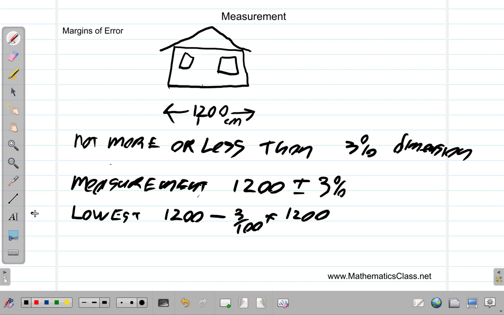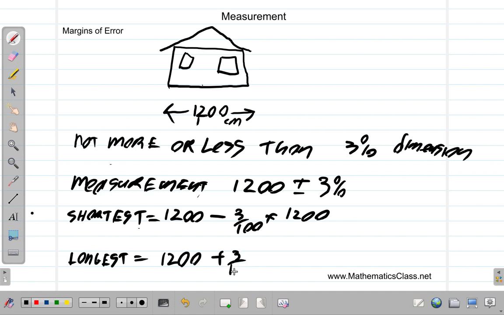And the highest measurement, instead of lowest and highest, let me use shortest and longest. The shortest measurement, and then the longest measurement, must be 1200 centimeters plus 3% of 1200.